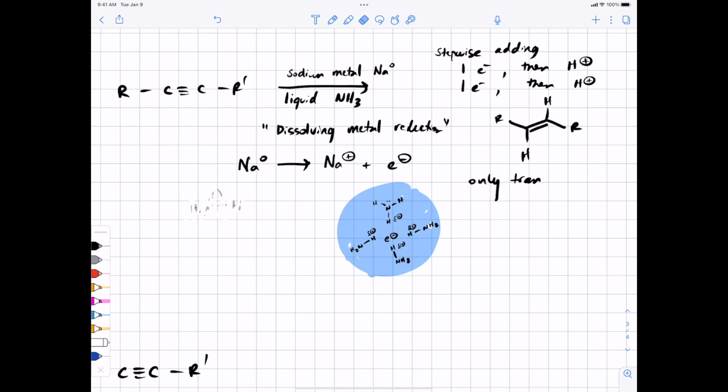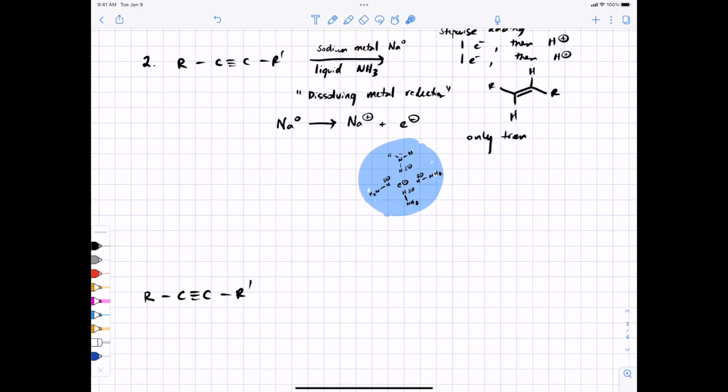By the way, students really struggle to distinguish this from something you saw previously where you can take a vicinal dihalide and, using sodium plus NH2 minus, do the tandem E2 reactions to get the alkyne. People mix that up all the time. Don't let it happen to you.